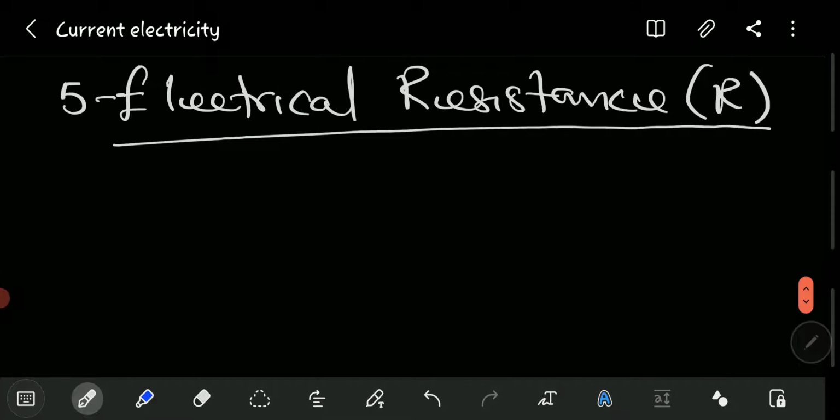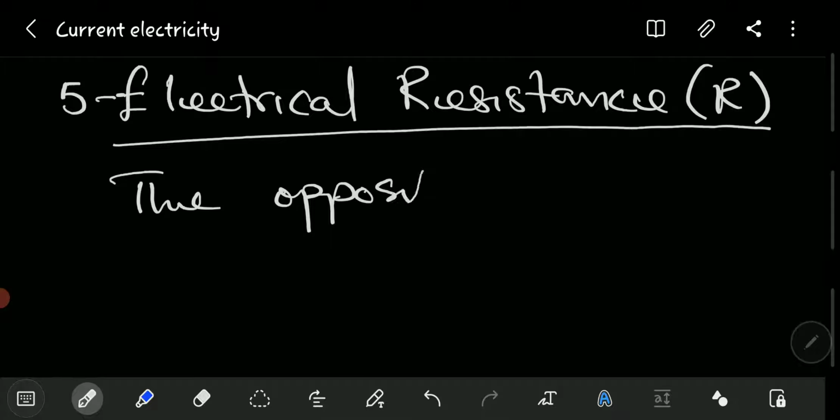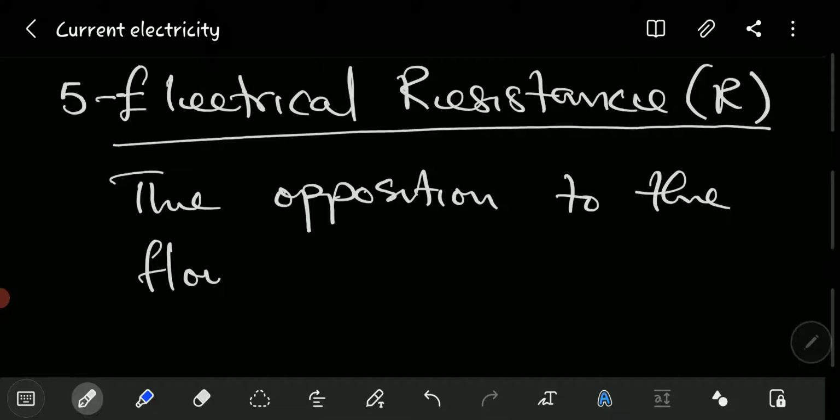Electrical resistance is simply the opposition to the flow of current.